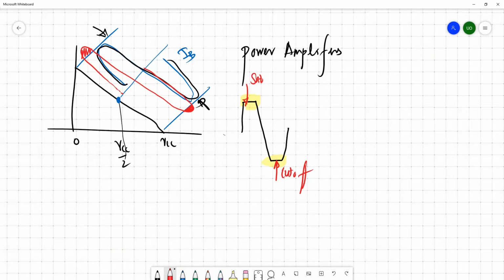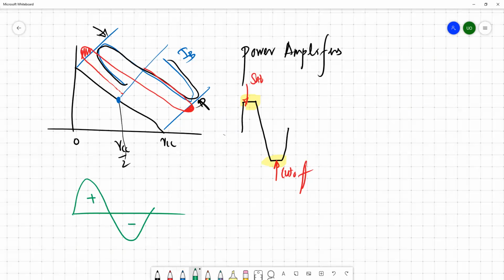So your ultimate output would be a distorted one, having this positive and negative clipped signal. What we can do here is use similar types of transistors. Let's assume this is your input, with a positive cycle and a negative cycle.